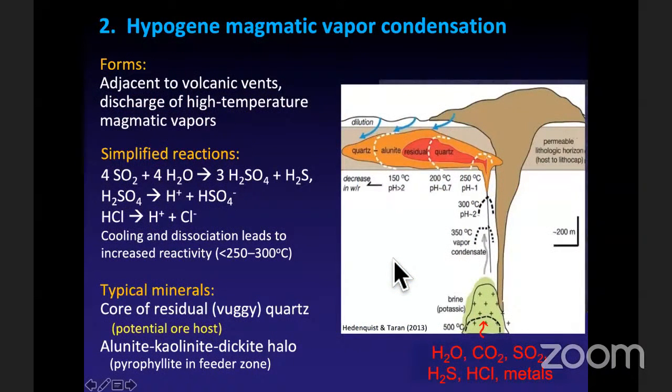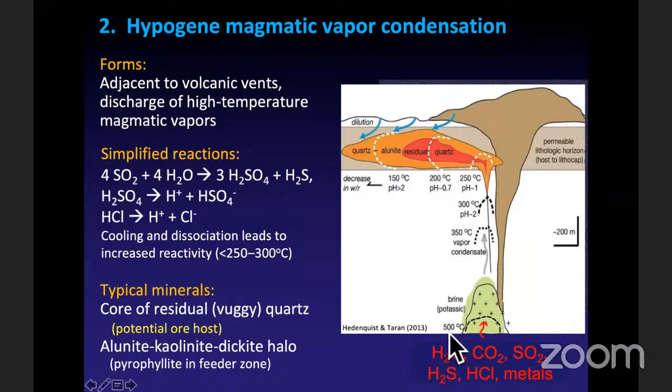So this environment, hypogene magmatic vapor condensation, all of you are familiar with because it's the typical alteration host associated with what we call high sulfidation epithermal deposits.